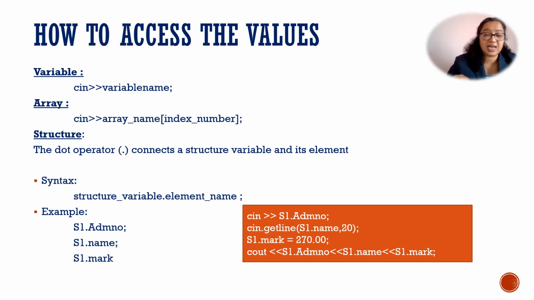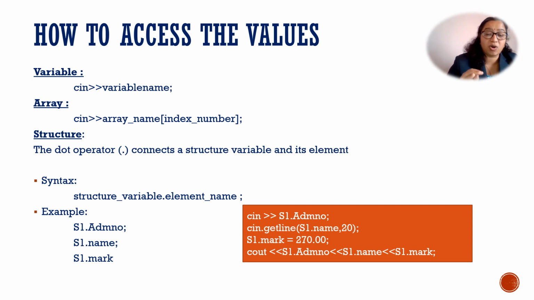We are using getline: cin dot getline, bracket, S1 dot name. If we simply put name, the compiler will search whether an individual variable name exists or not. No, it is inside the S1 block. So S1 dot name, comma, 20 size.